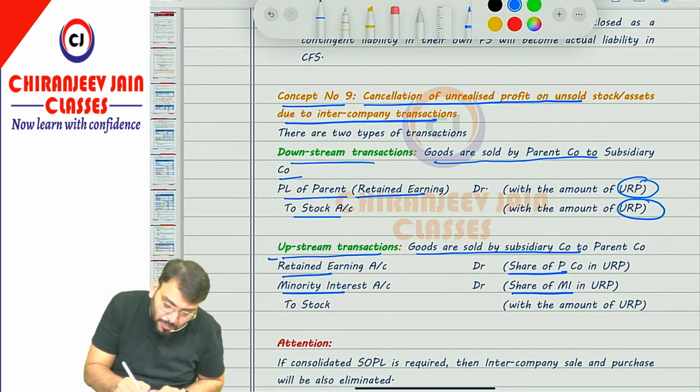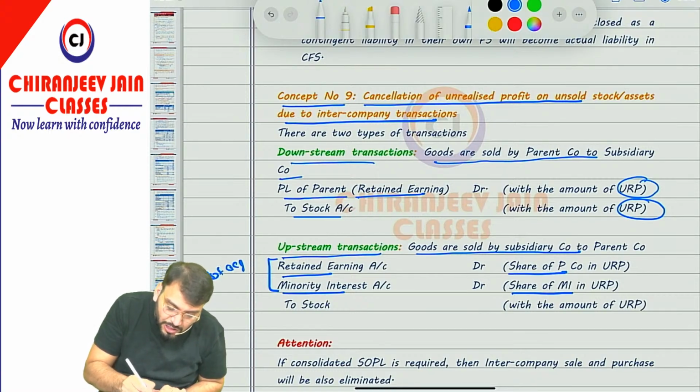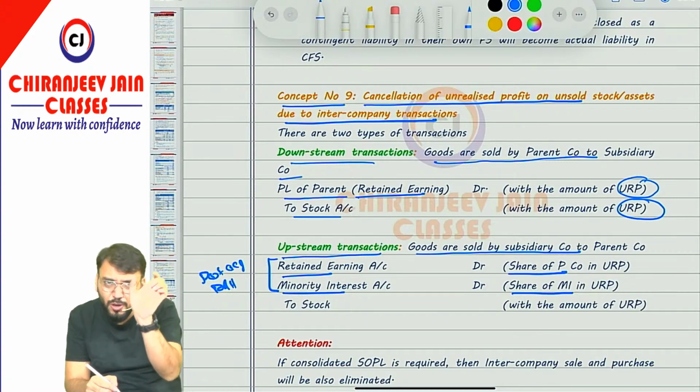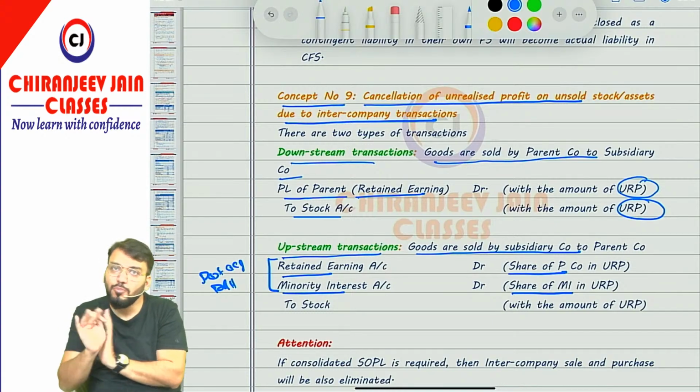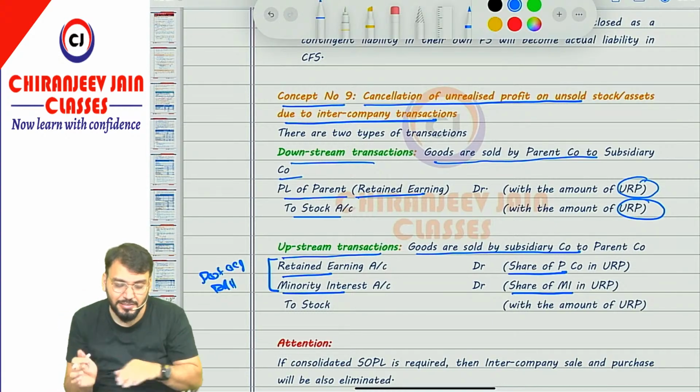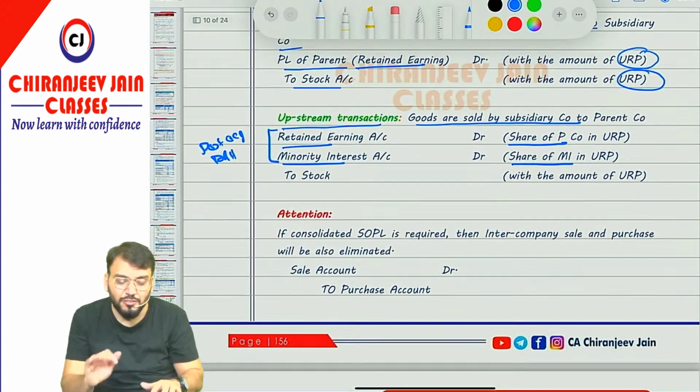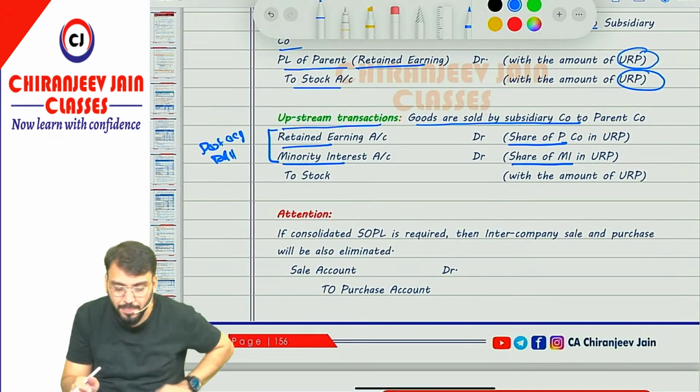Or you can do this journal entry also: reduce post acquisition profit to stock. That also you can do. That is your choice how to do it. Both are correct. Got this point? Yes sir. This also you have understood.